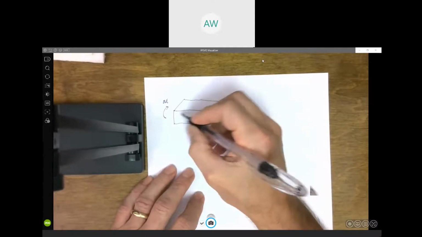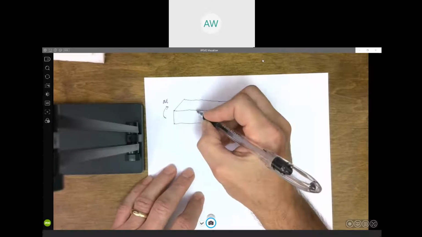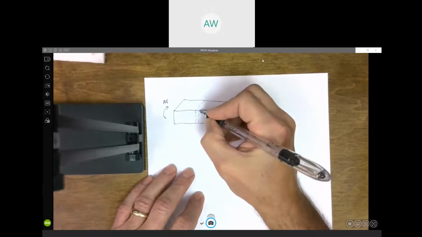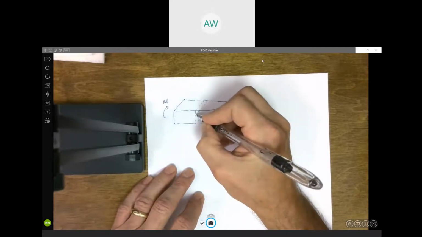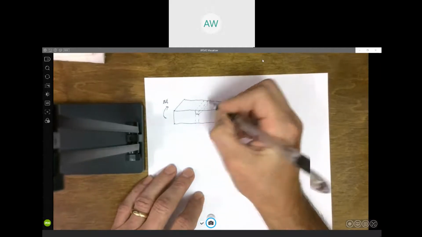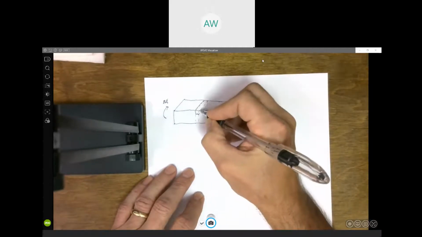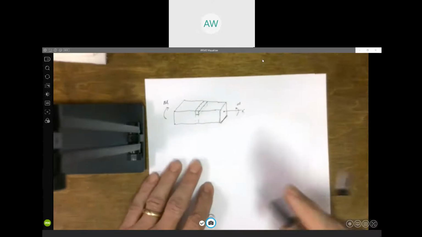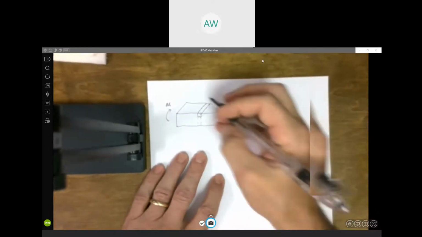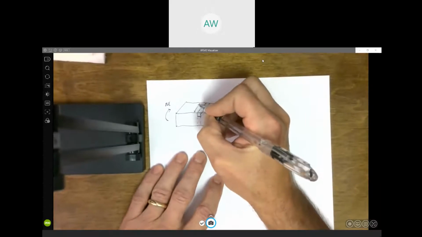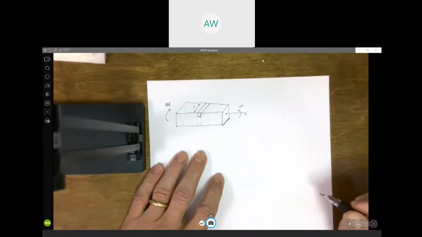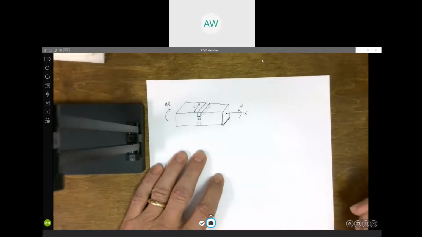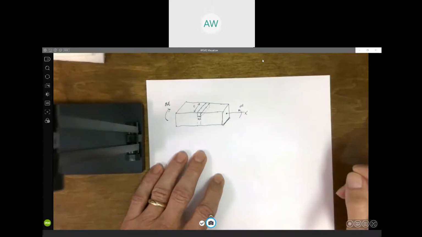Instead of looking at this longitudinal layer, what if we look at this little slice across the beam, where at this point it's got some width t and length dx, some little infinitely small length dx.